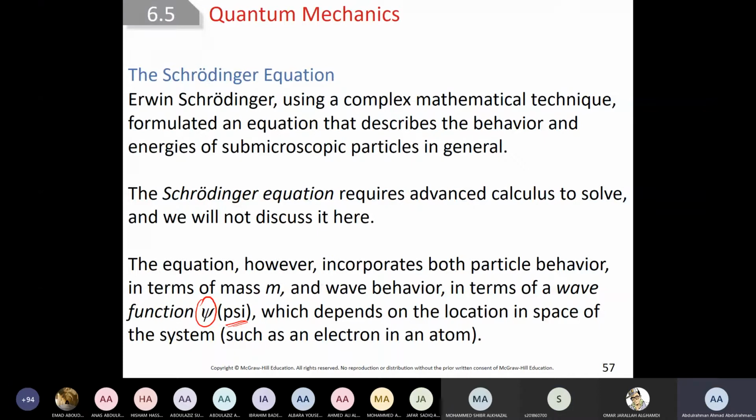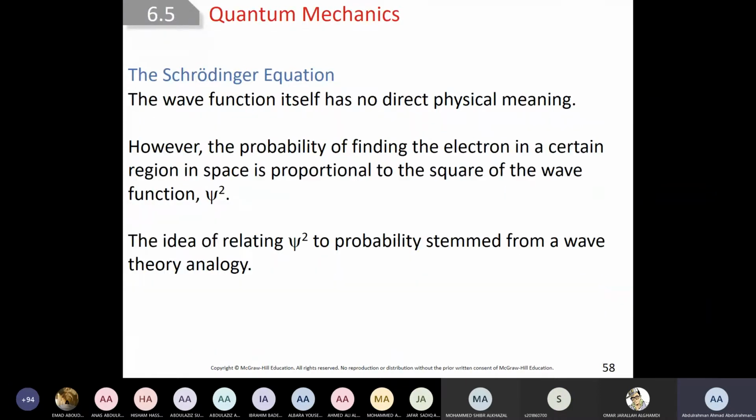So if I say give me the equation to represent the electron, you say psi only. And what's more important? Psi square. What does it do? It gives the probability of finding the electron.